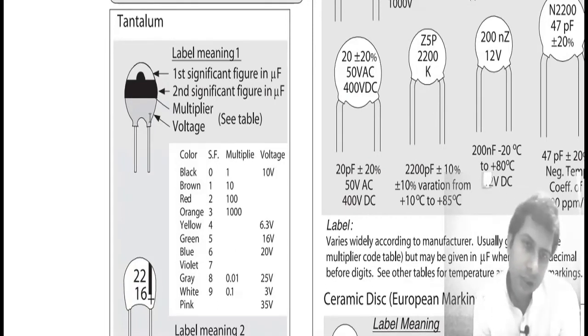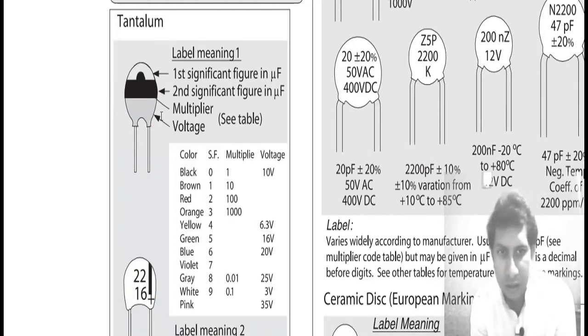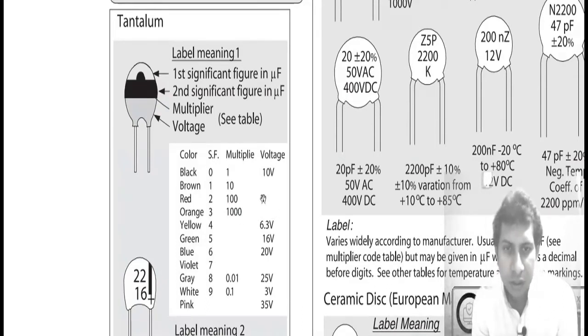If the color is another orange, the same color. If we take an example, then this orange means no voltage, and if it is yellow in color, then we have to take that as 6.3 volt.